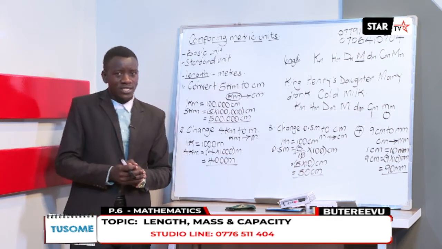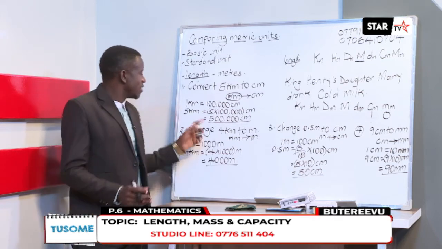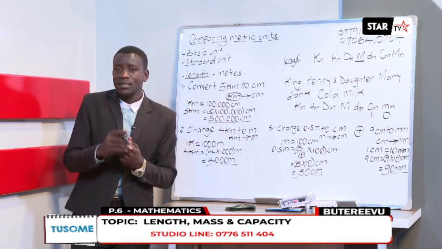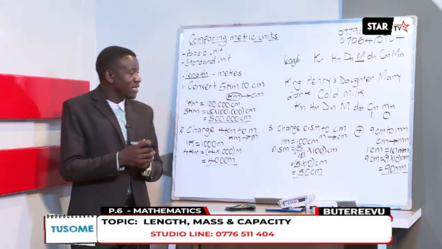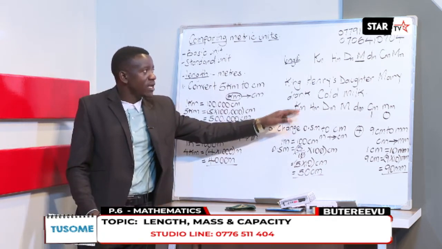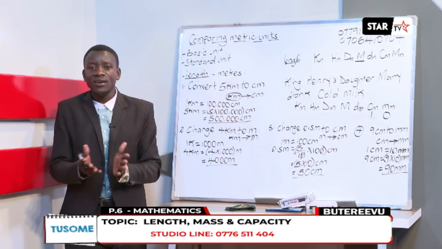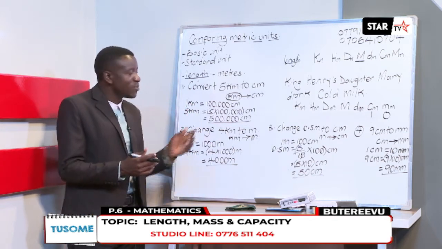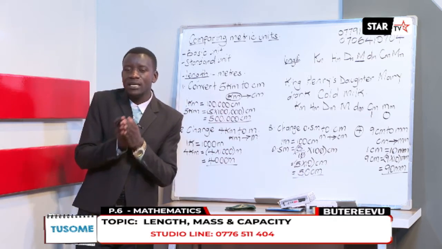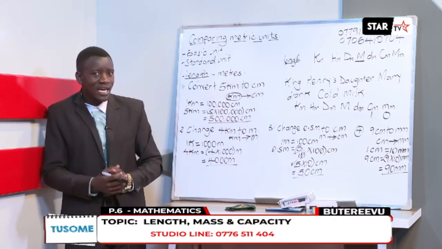Could you have got well how to determine the first step, which is very important? We said you keep drawing the length scale as you get the first step. 1 kilometer equals 100,000 centimeters.